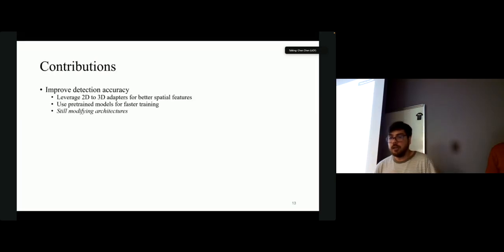Our contribution is that we want to improve detection accuracy, leveraging a 2D to 3D adapter for better spatial features using pre-trained models. In order to do that, we changed the architecture to a transformer, but this might be a mistake for our problem because transformers are not suitable for this setting.